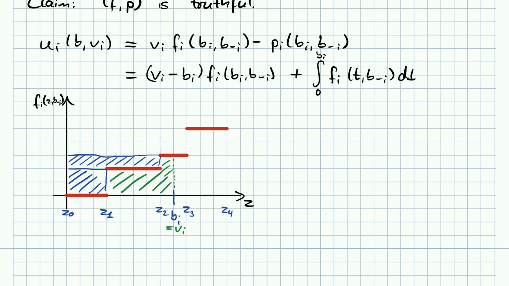Let's now do the same kind of a comparison where we are overbidding. Now, my utility is how much? Actually, first of all, we would say that this integral here, this would be like all of this.